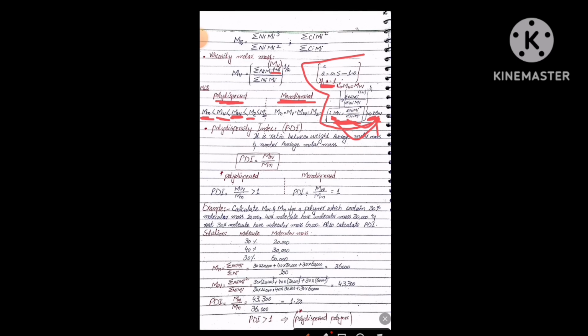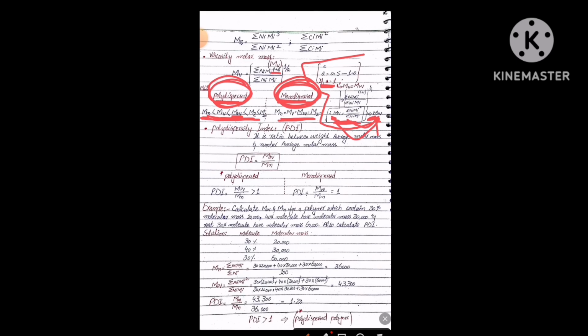In case of monodispersed polymers, when all chains are similar, these are equal: number average molar mass equals viscosity molar mass equals weight average molar mass equals sedimentation equilibrium molar mass. When chains are different, the values follow a sequence like this.